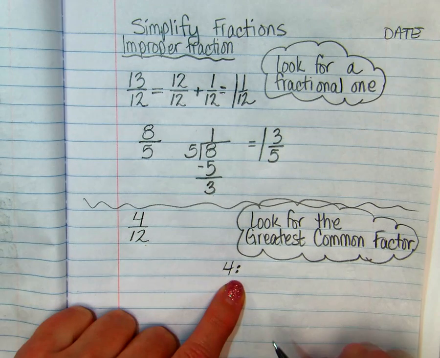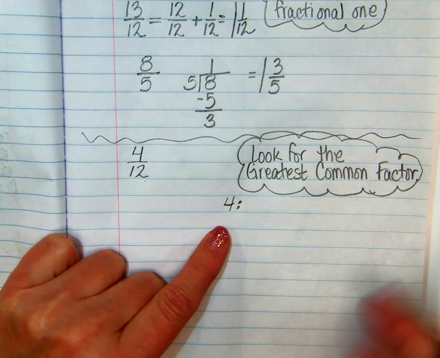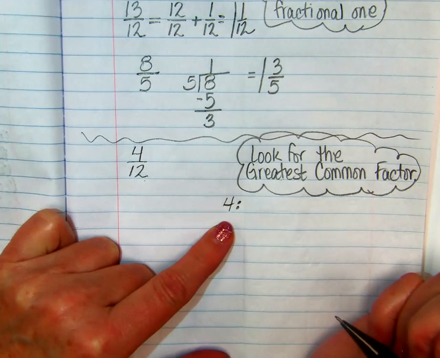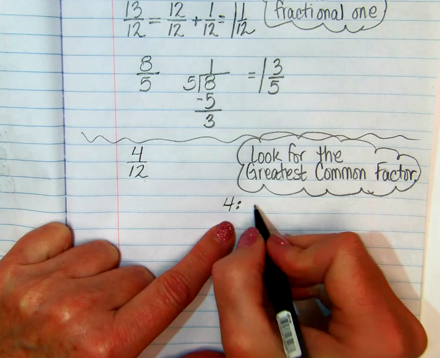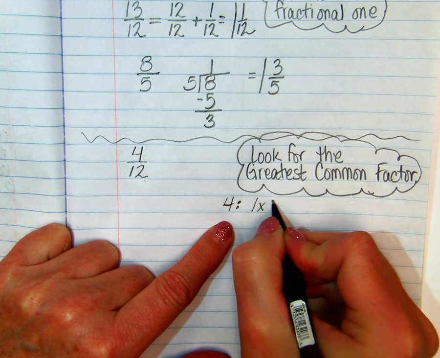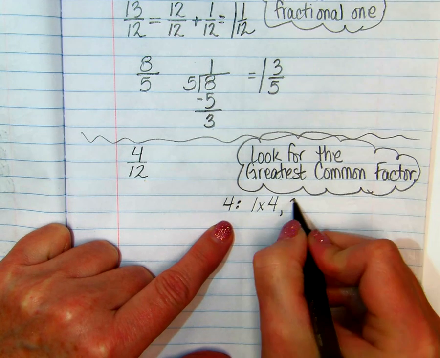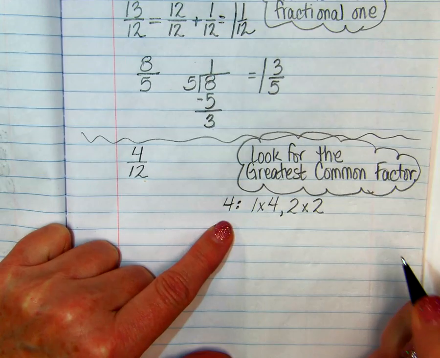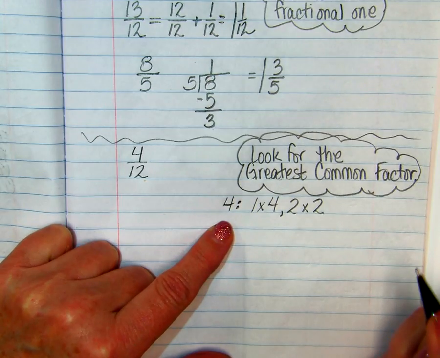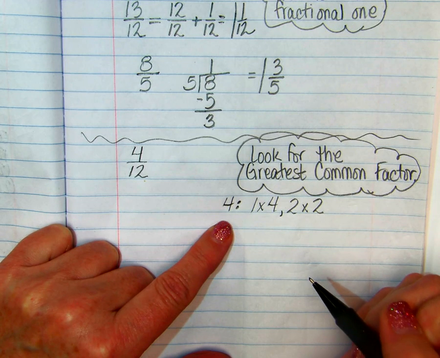Remember our factors? Okay. What times what will give me 4? Well, let's start with 1. 1 times 4 will give me 4. 2 times 2 will also give me a product of 4. These 1, 4, and 2 are the factors of 4.